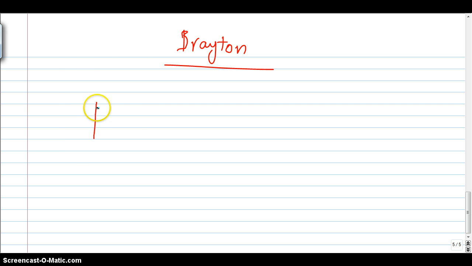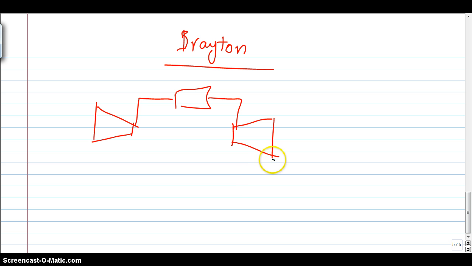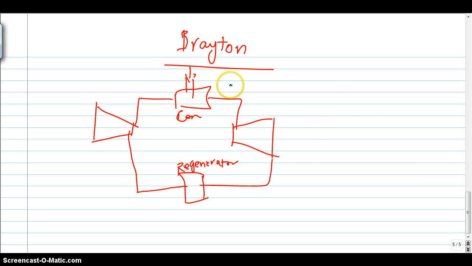You have a compressor followed by a combustion chamber, followed by an expansion nozzle, and then heat rejection, and it goes back once again. In this case it's normally open. This is the regenerator. In the combustion, the fuel is added in. So this is the Brayton cycle. You probably know about it. I'll tell you why I'm talking about the Brayton cycle right after the Otto cycle.